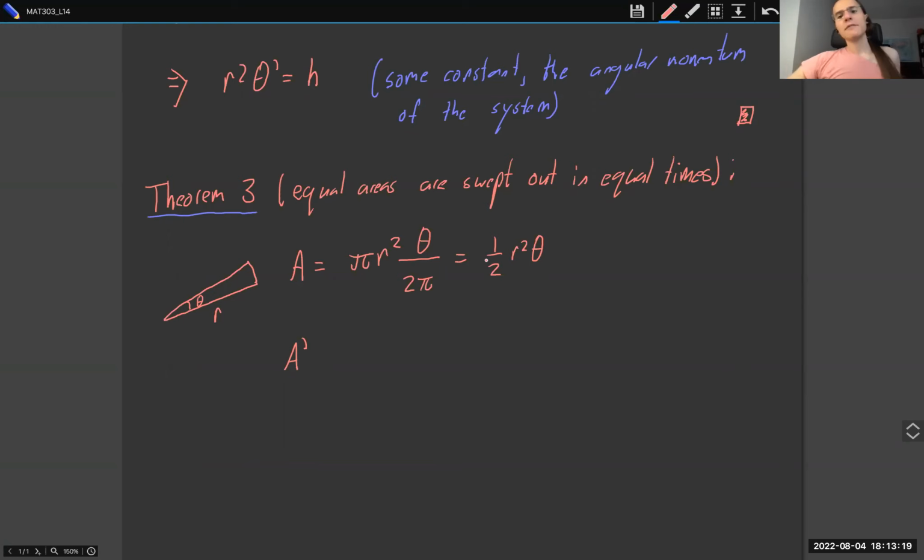If we naively think that r and theta are both functions of time, let's see what happens. You can say that dA is half r squared d theta.